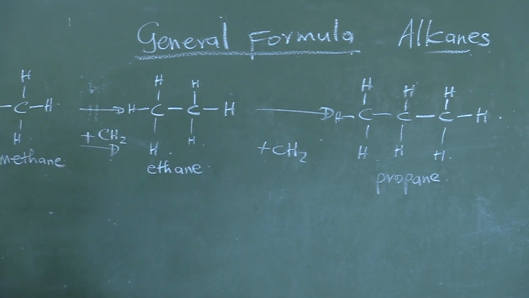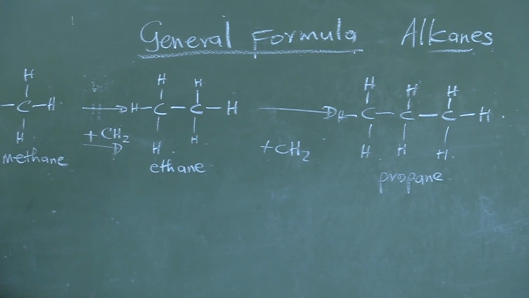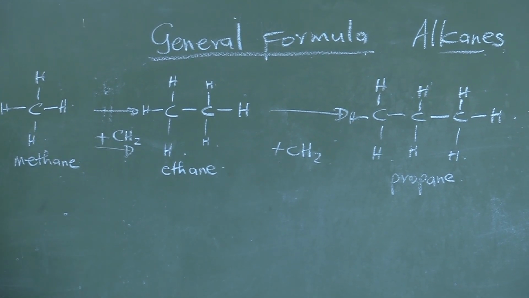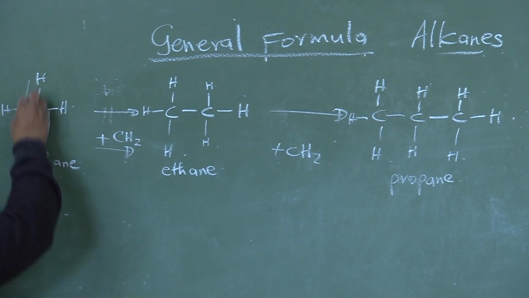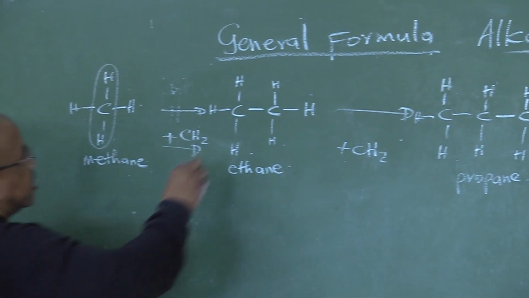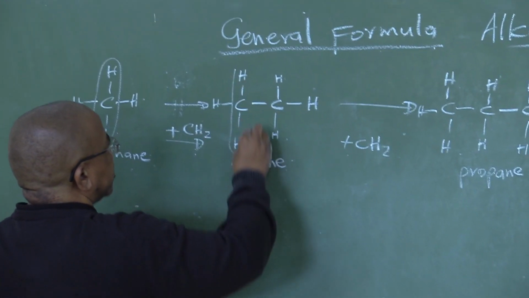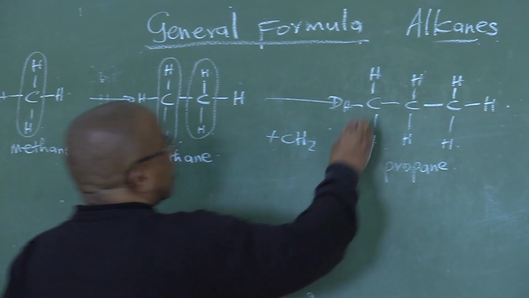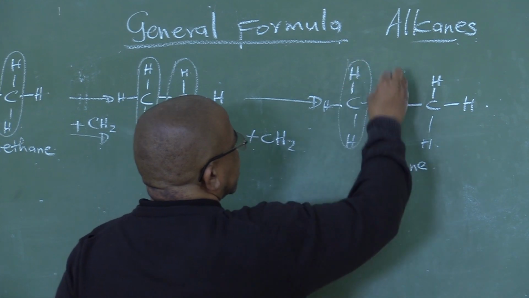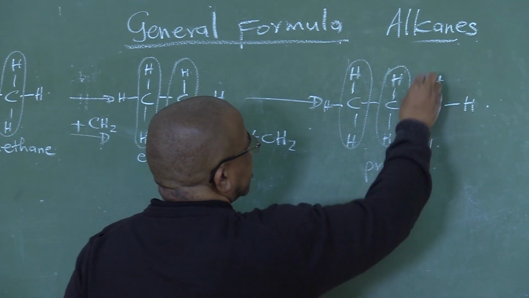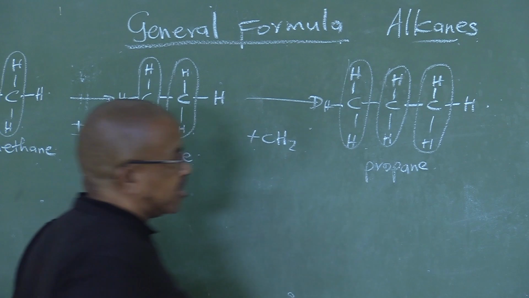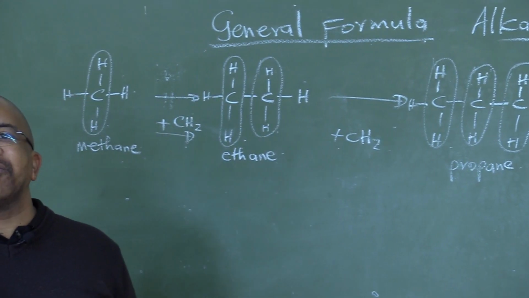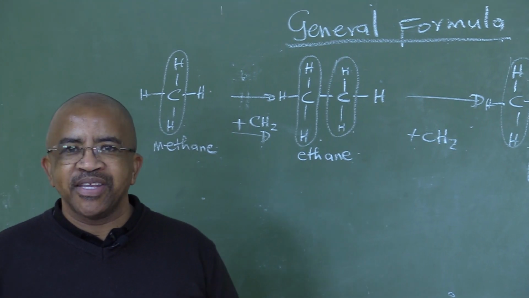Okay, which means when you look at this, le carbon ihamba no hydrogen ababili. Nansi carbon ihamba no hydrogen ababili, carbon ihamba no hydrogen ababili, and so on. In Sesotho bare carbon e tsamayang le di hydrogen tse pedi.